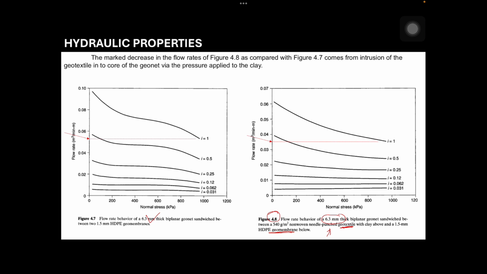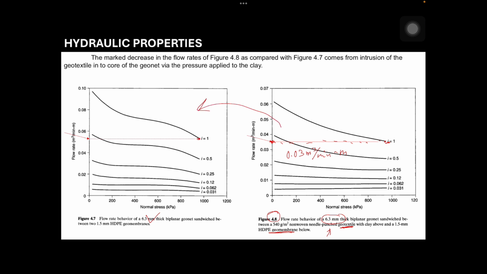So, kumpara natin anong nangyari. So, at pressure, at hydraulic gradient na 1, ang kaya niyang flow rate ay, say, 0.035 m³ per minute per meter length. So, kumpara natin dun dito.